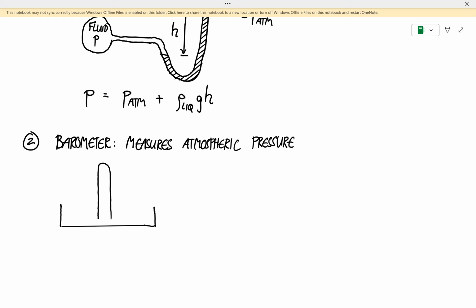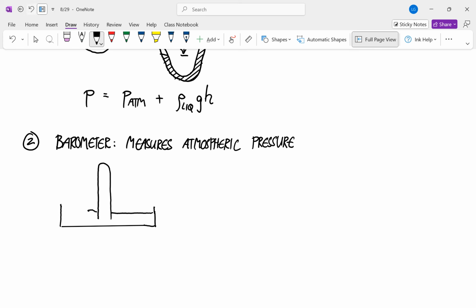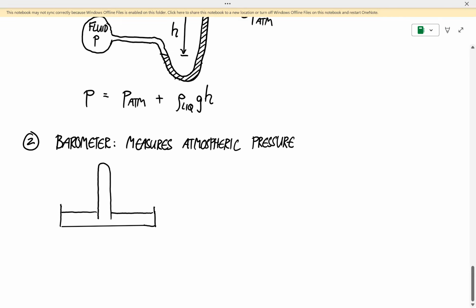And you have a liquid in the dish. So this is a liquid. And the atmospheric pressure is pushing down like this.